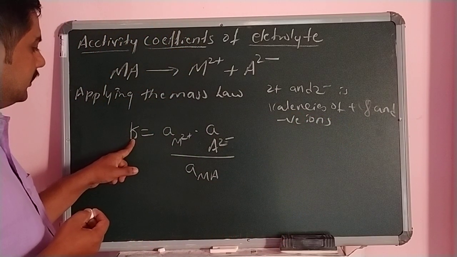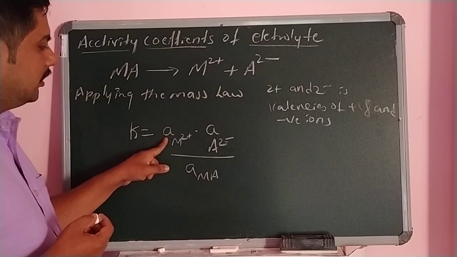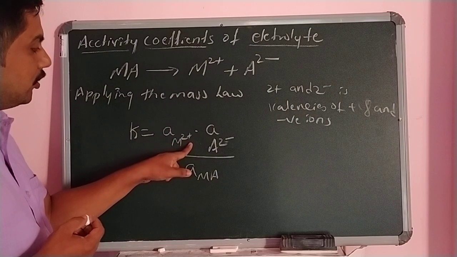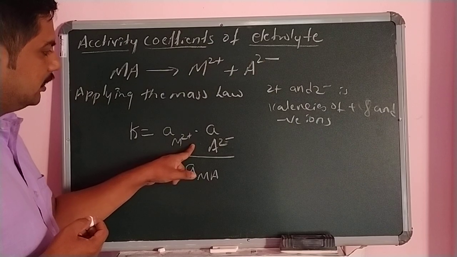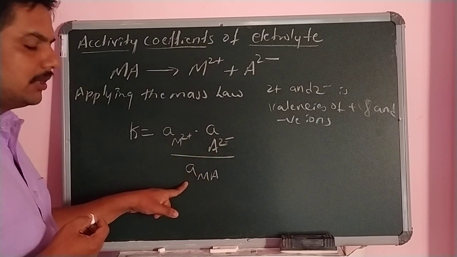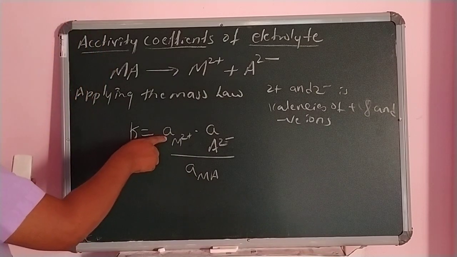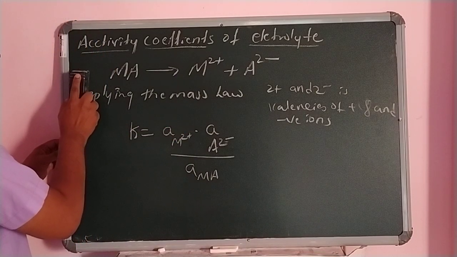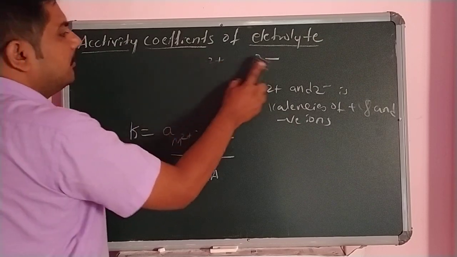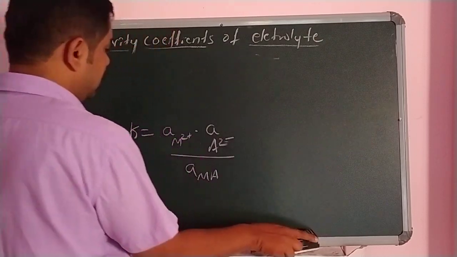Here K is equal to the activity of this positive ion into activity of negative ion divided by activity of electrolyte. Now, a means activity of the species. Okay, a means activity of the species.